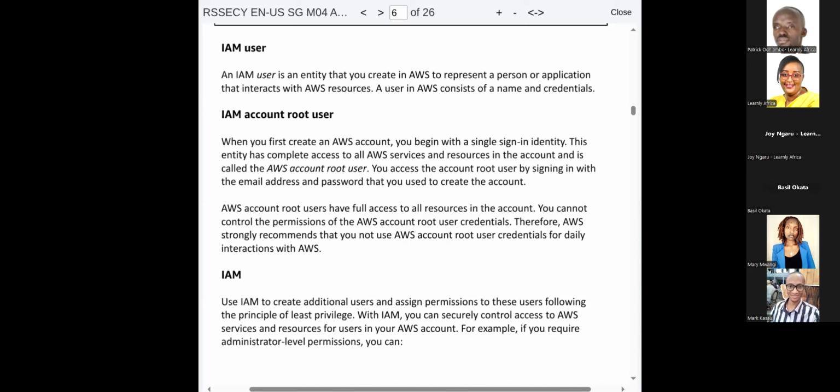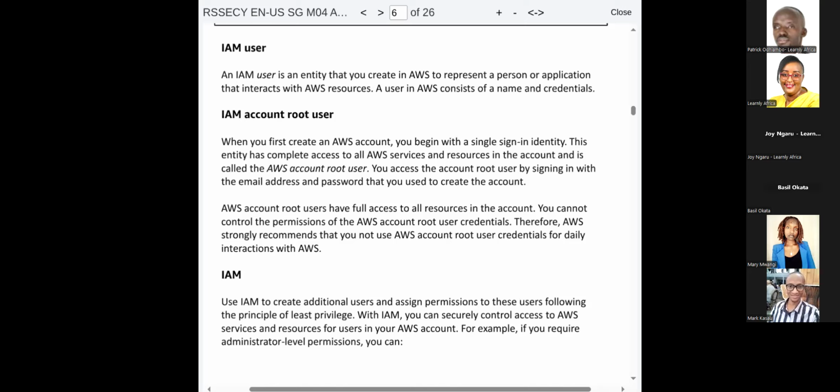You're supposed to create IAM users for the people who do daily operations on your cloud or who need to work on your cloud. All right. Another thing is you can use access keys only when necessary and rotate them regularly. Let's go ahead, you're going to see what access keys are.